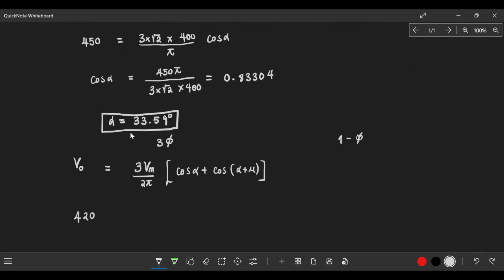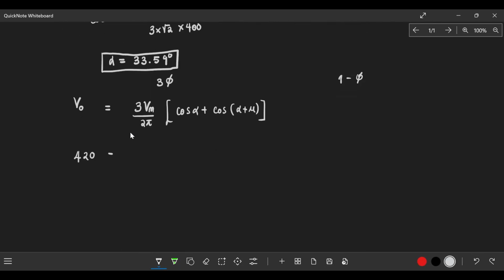So 420 is equal to 3 times VM, which is root 2 times 400, divided by 2 pi, cosine alpha. We found alpha to be 33.59, plus cosine 33.59 plus mu.